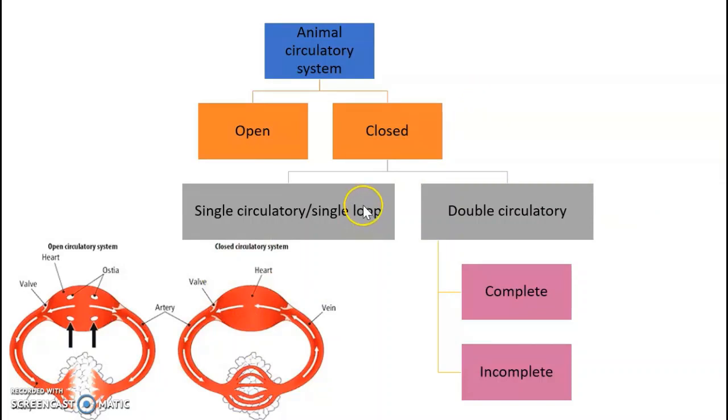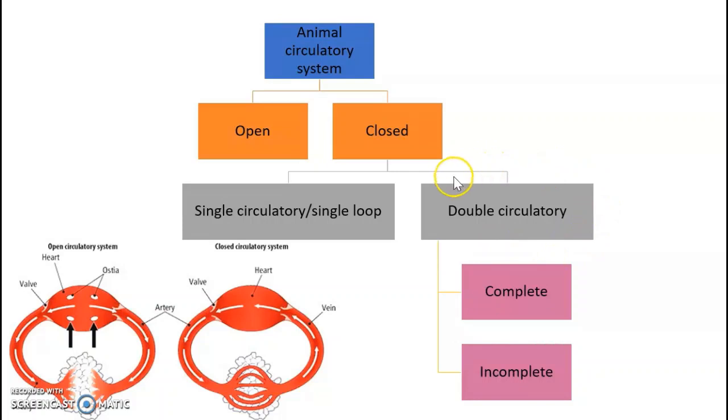The key difference between single and double circulation is that in single circulation, blood travels once through the heart during a complete cycle, while in double circulation, blood flows twice through the heart during a complete cycle. The heart and lung plays an important role in circulation.